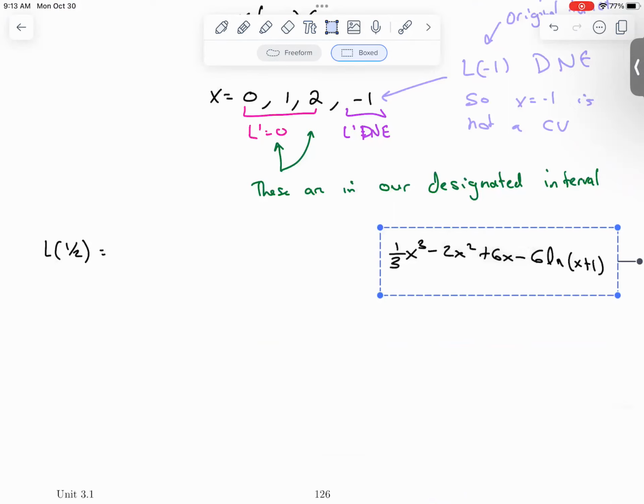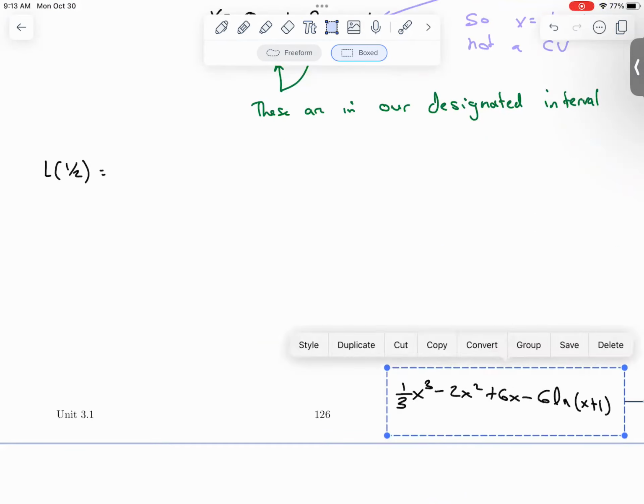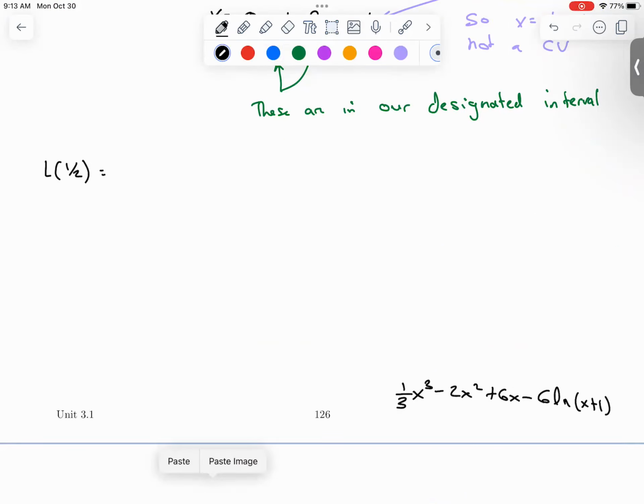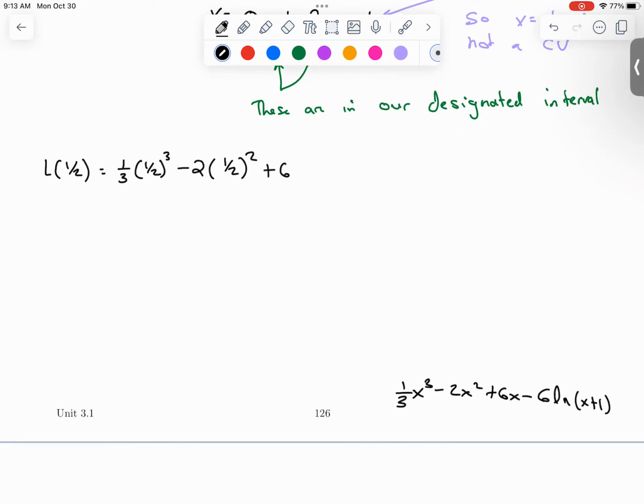Paste that right there, just at the very bottom for me to reference. So L of 1/2 would be 1/3 times 1/2 cubed minus 2 times 1/2 squared plus 6 times 1/2 minus 6 ln of 1/2 plus 1.